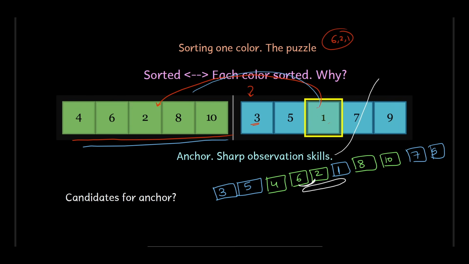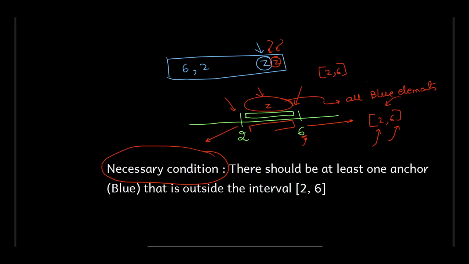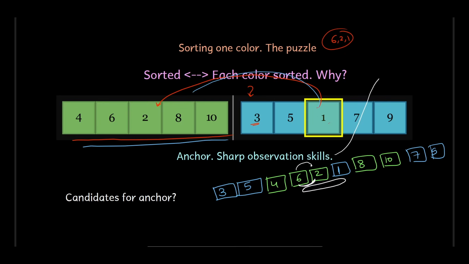So you have just found out a strategy to always swap elements of the same color as long as there is at least one anchor Z which is outside the interval that you are dealing with. So once you do this swap, suppose you do this swap, then your result would be 1 will come over here after this swap.